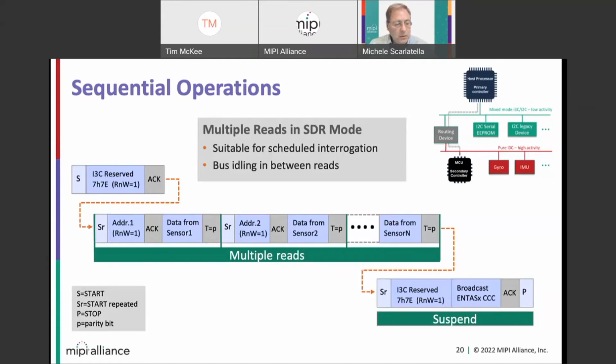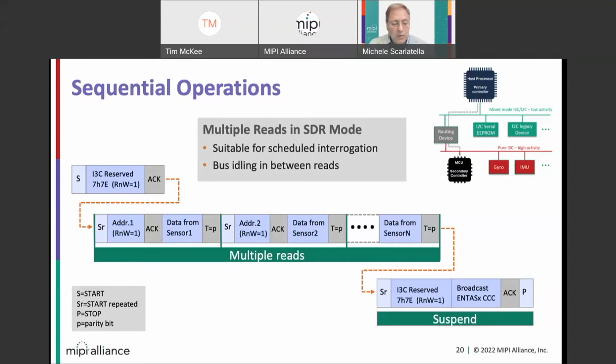So you issue the reserved address, you go into I3C mode, and then using a series of repeated starts, you scan all the sensors that you need to read. This is a feature: you don't need to go to stop, you just go repeated start, address the first sensor, read the data.